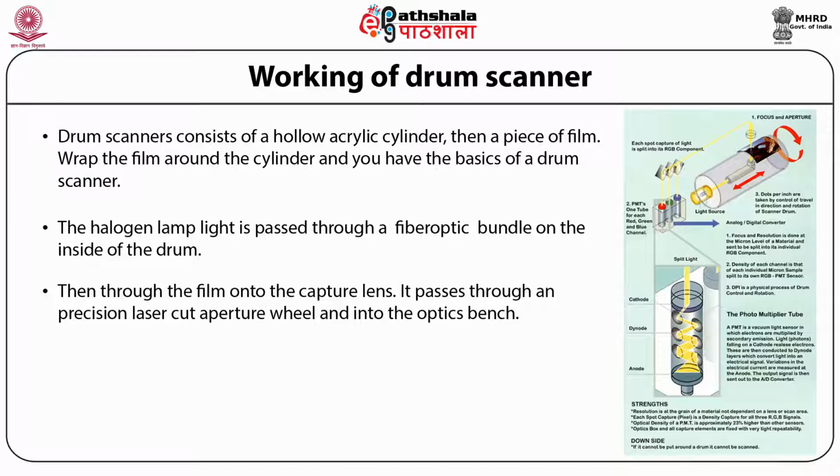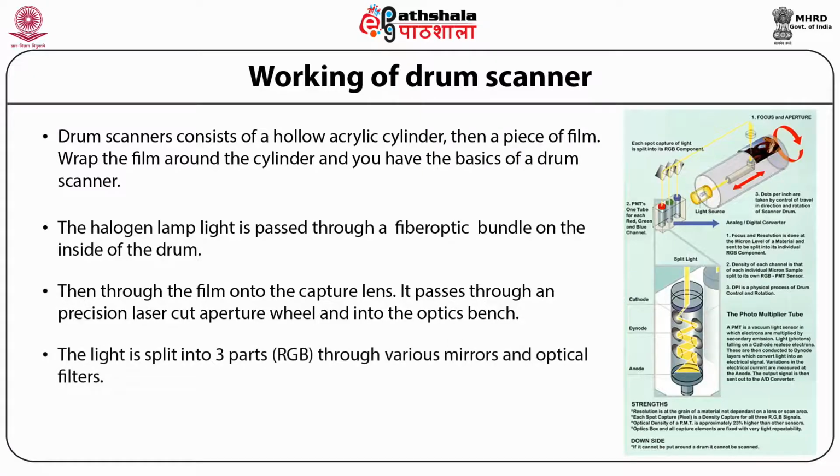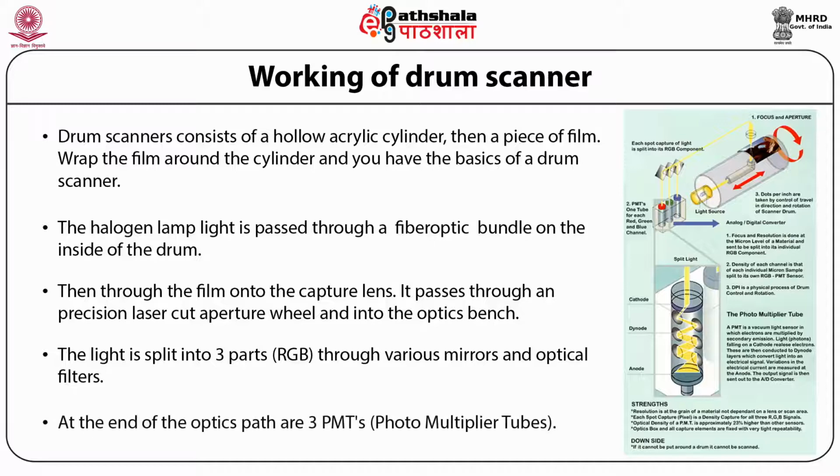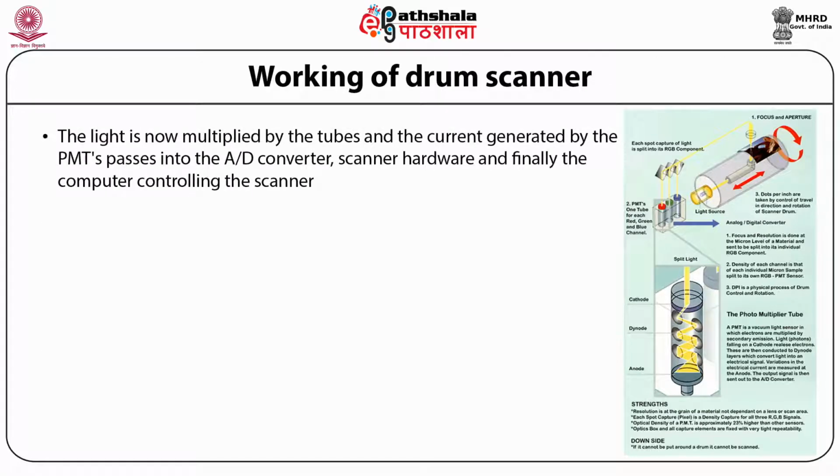In the optical bench, the light is split into red, green, and blue through various mirrors and optical filters and captured on three photomultiplier tubes, that is PMTs. The current generated from the PMTs passes into an analog to digital converter through the scanner hardware to the computer. In the computer, all three colors are recorded separately for every pixel.